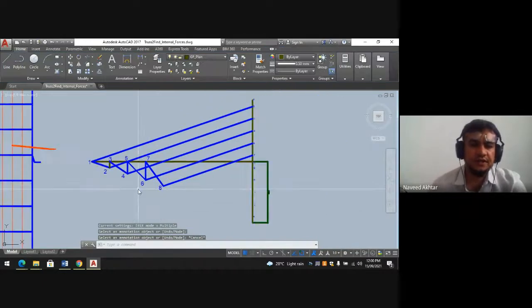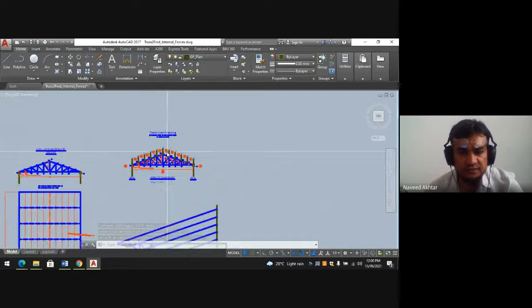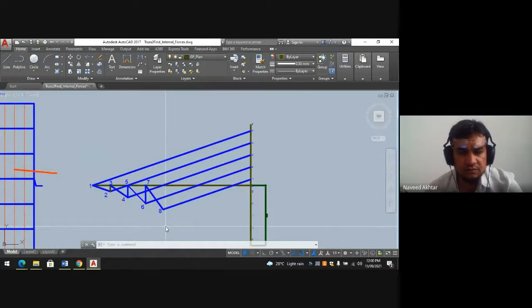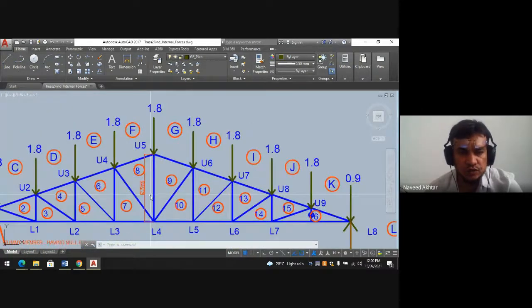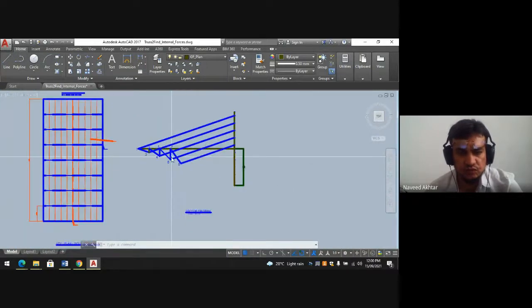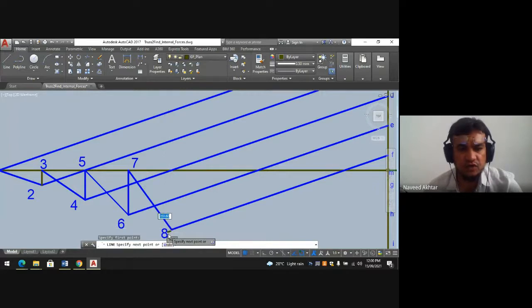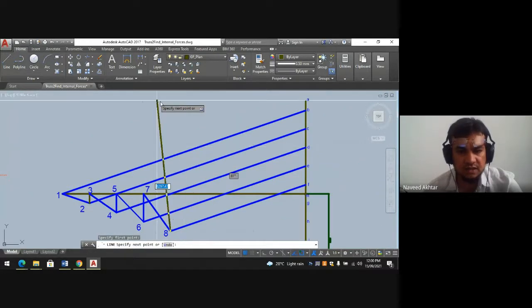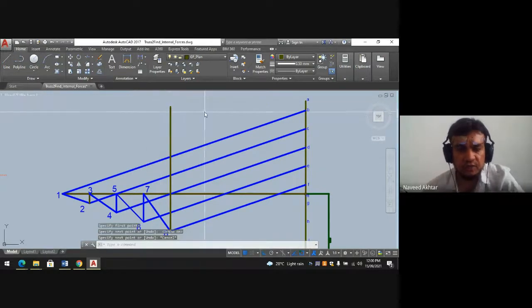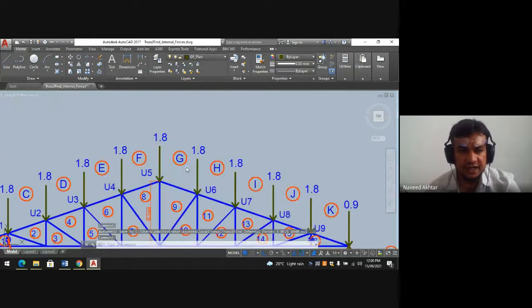Okay. Now 8 to 9 again vertical, and 9 to 10 again inclined. I will write down 8 to 9, 9 to 10 inclined. I don't know where the 9 point is.